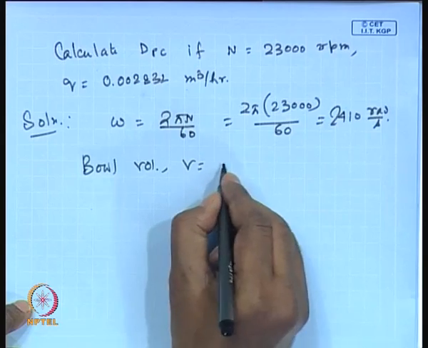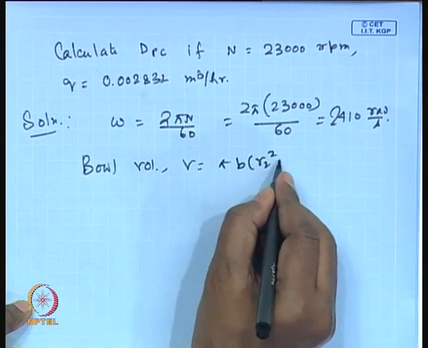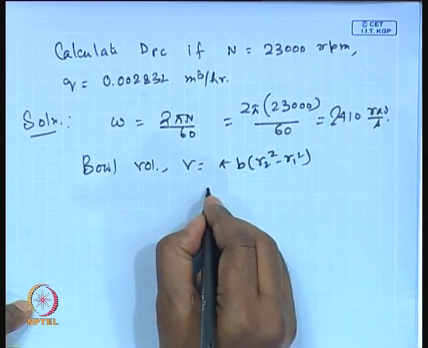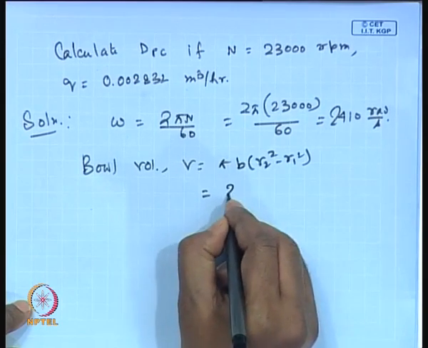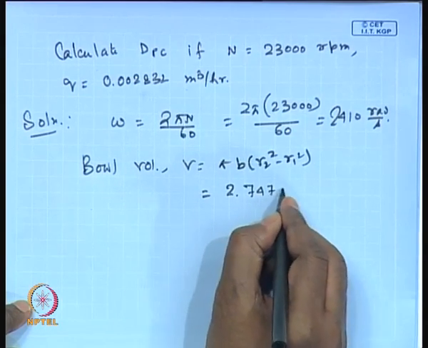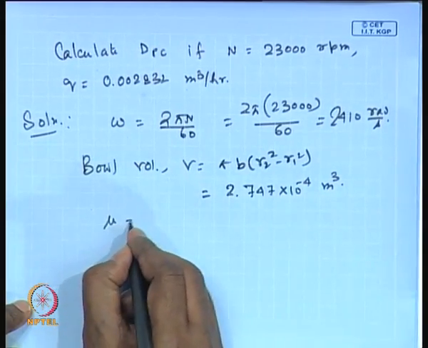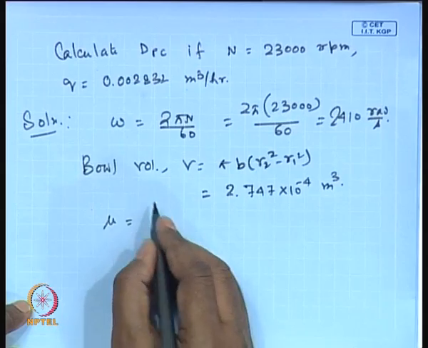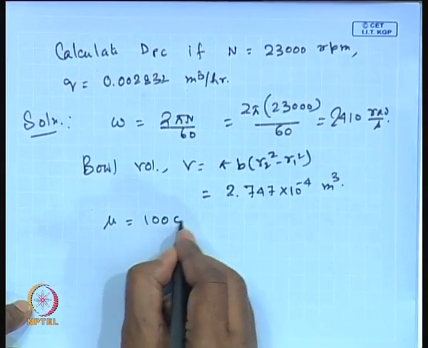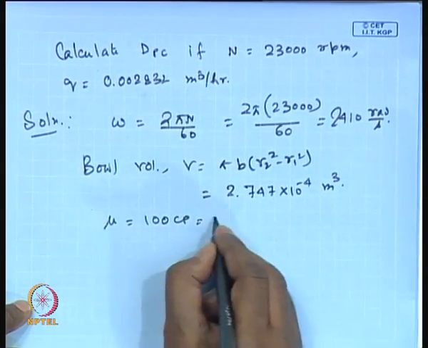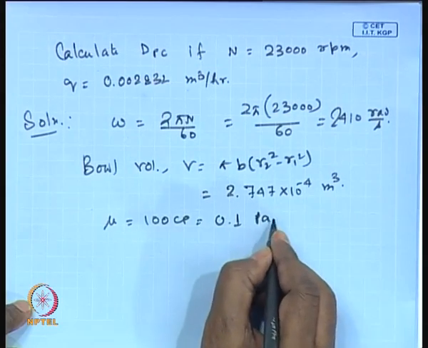V is equal to pi b (r2 square minus r1 square), and if you put the values, this turns out to be 2.747 into 10 to the power minus 4 meter cube. The viscosity is given as 100 centipoise, that means 100 into 10 to the minus 3, so it will be 0.1 Pascal second.